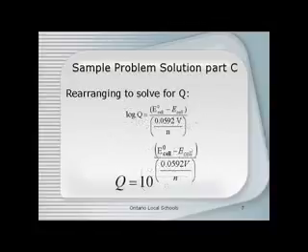I now take 10 to both sides of the equation so that I can get rid of the logarithmic expression on the left-hand side and isolate Q. So Q is equal to 10 raised to the standard energy of the cell minus the energy of the cell at equilibrium divided by the quantity 0.0592 volts over n.